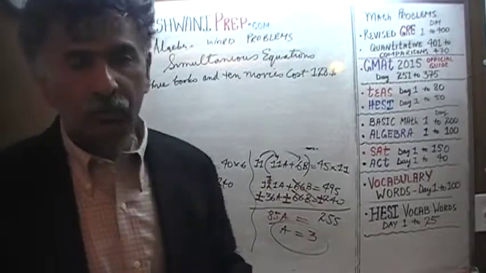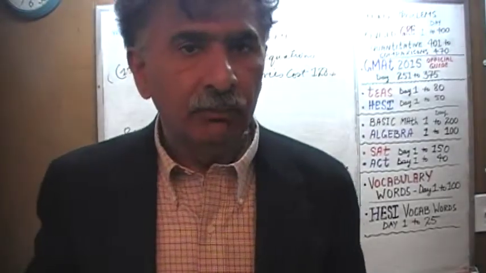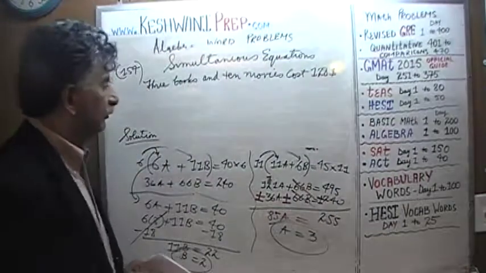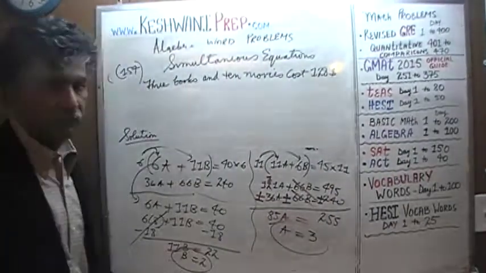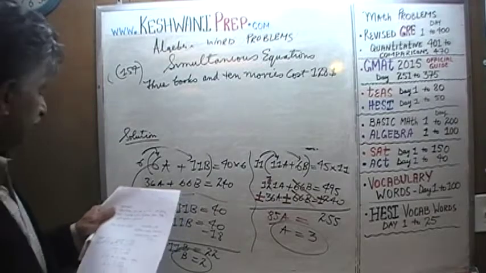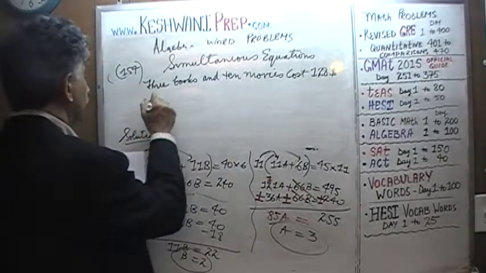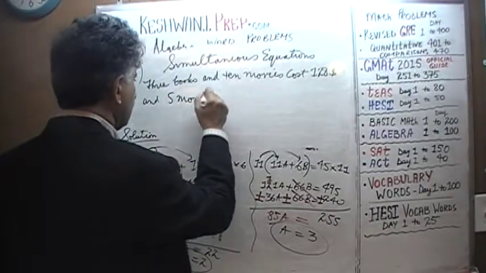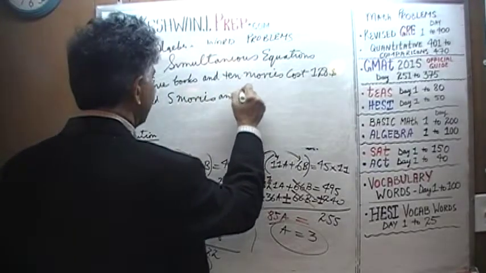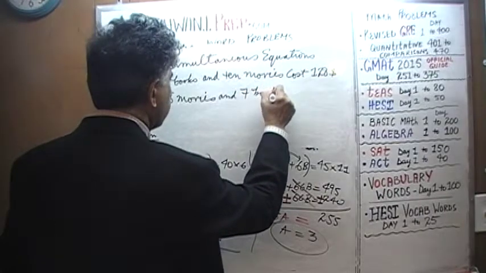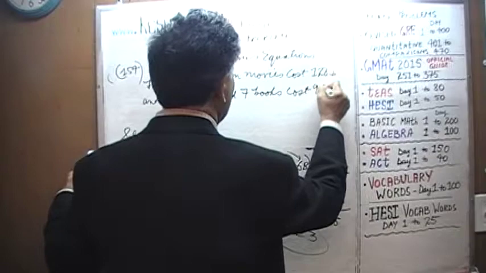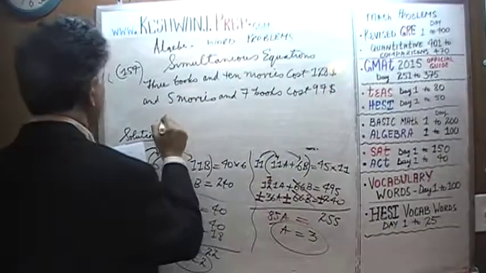So you're in a store where they sell books and movies, maybe on DVDs, and 10 of those movies plus 3 of the books that you want to buy cost $128, and we are told 5 movies and 7 books cost $97.